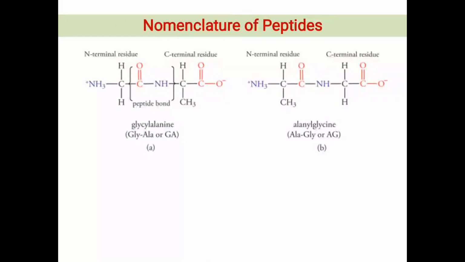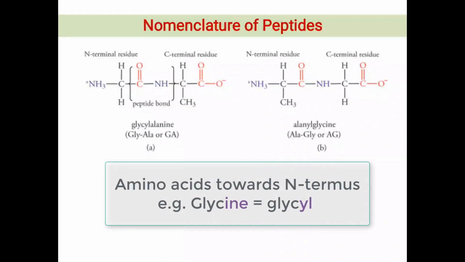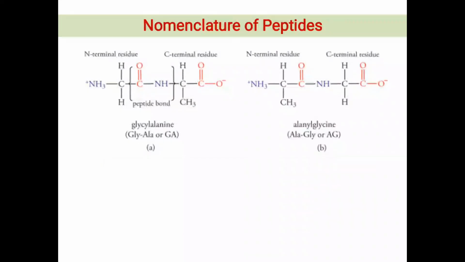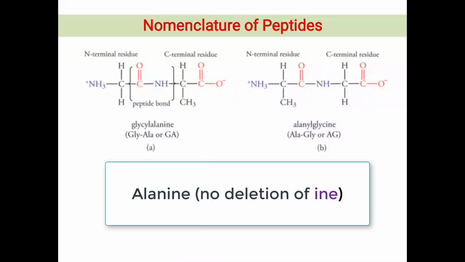For the nomenclature, we will follow these rules. We first replace the I and E letters of glycine, and then we add YL. After the replacement, glycine is known as glycyl. Then the next amino acid, which is at the C terminus, we will not modify, so it is written as whole alanine.